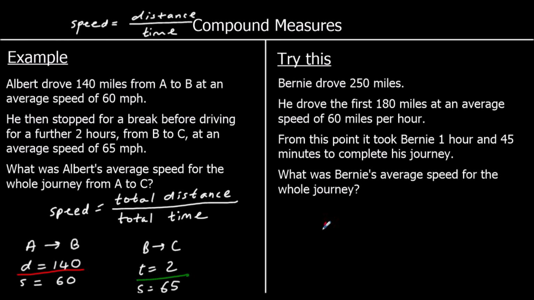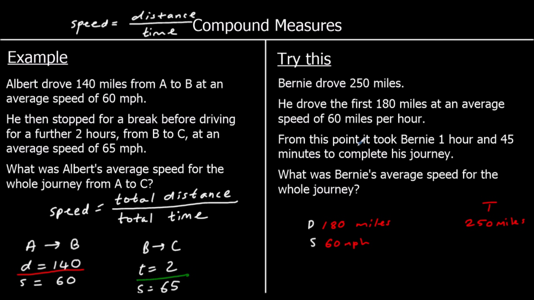So there's 180 miles, and then the total is 250 miles. He drove the first 180 miles, an average speed of 60 miles per hour. So we've got distance and speed there. So we could work out the time.